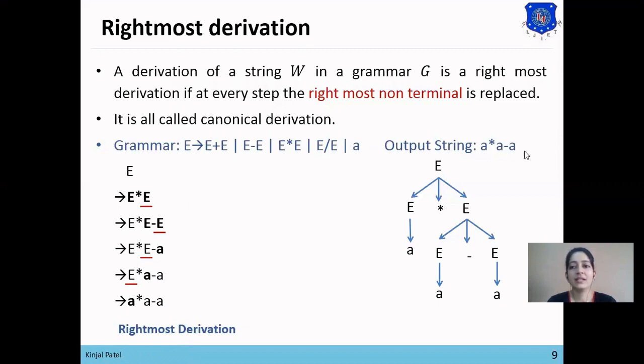So we can say that this string belongs to this grammar. So our output string is right. There is no error in the output string. And the parse tree has also been generated from the derivation.